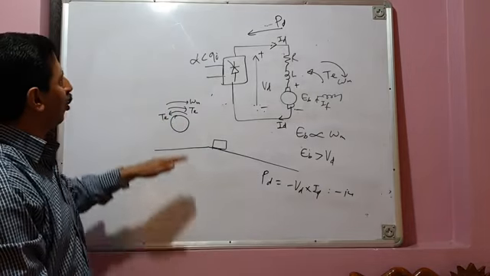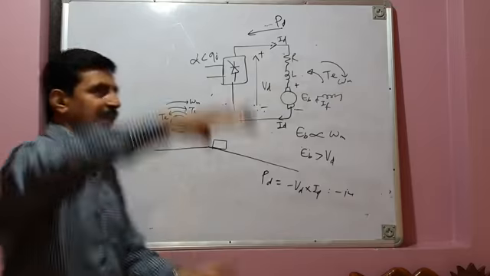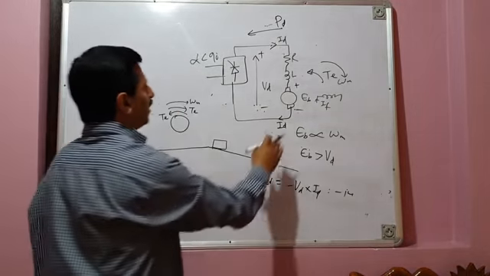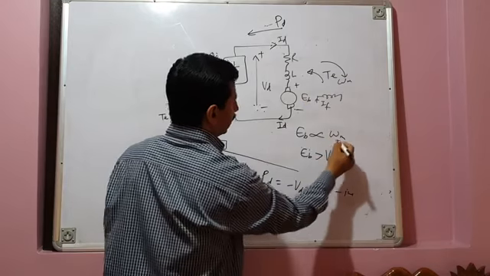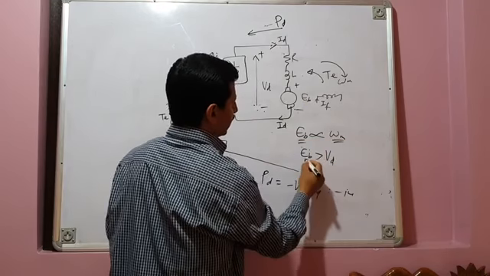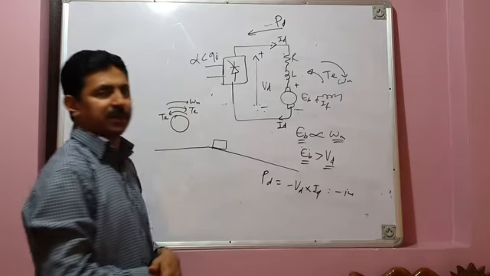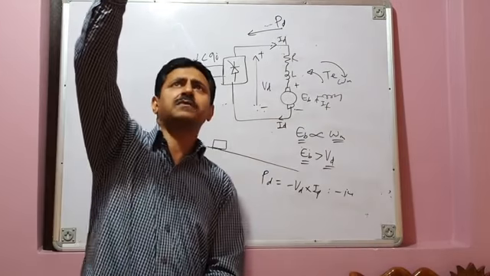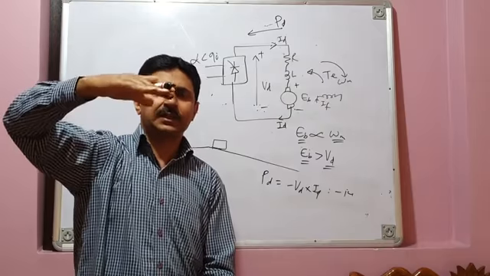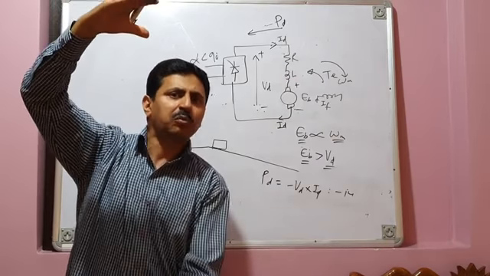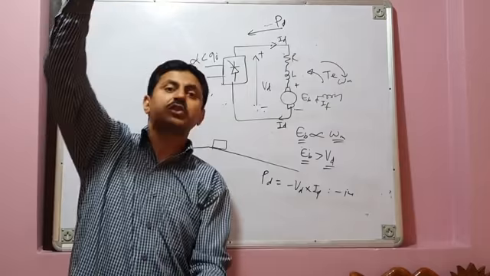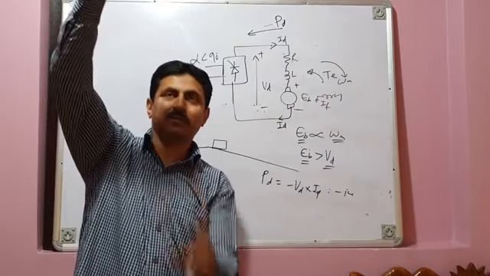And therefore, when the hoist comes down, what happens? It initially overspeeds. When it overspeeds, omega m increases, back EMF increases, and your back EMF becomes more than VD. And that means when the hoist comes down from height, now it is not the motor which is driving the load, it is the load which is driving the motor because of the gravity.